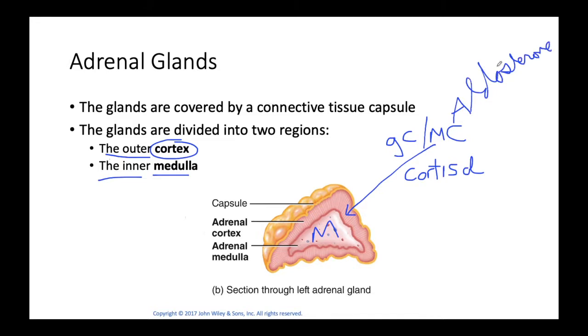For aldosterone, its primary job is to retain and hold on to sodium, while at the same time it's going to kick out potassium, right? Remember the sodium potassium pump? There's always kind of an inverse relationship between the two.